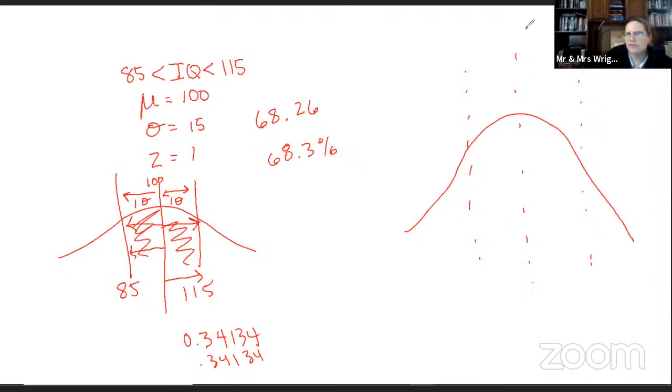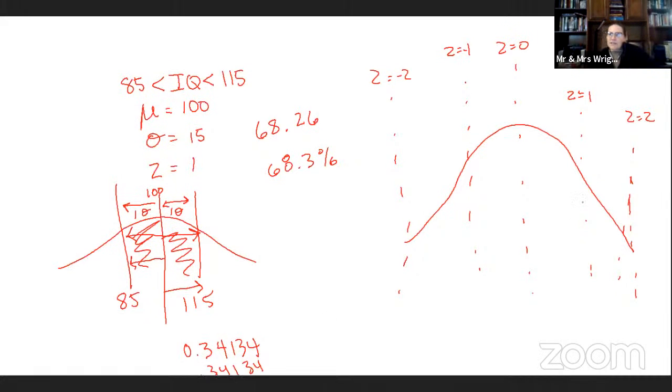And the standard curve is going to have your z equals 0, z equals -1, z equals +1, right? And these are going to be the same things, z equals 2. That's not a very good straight line. It should be more like that. Z equals -2. Now, each one of these are going to have the same exact amount.